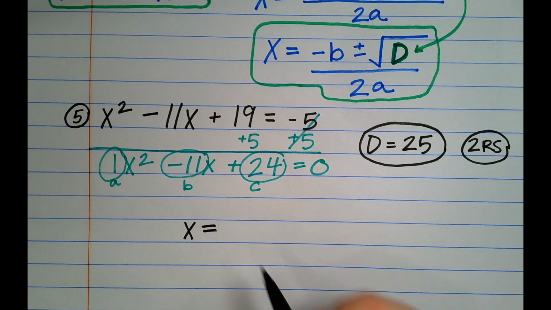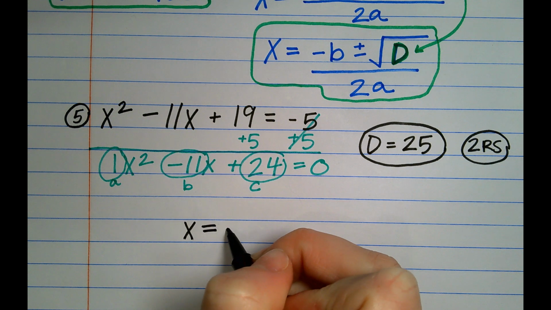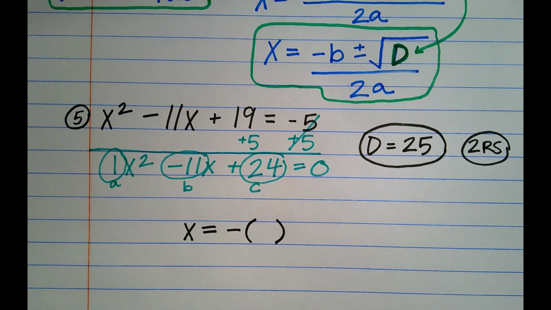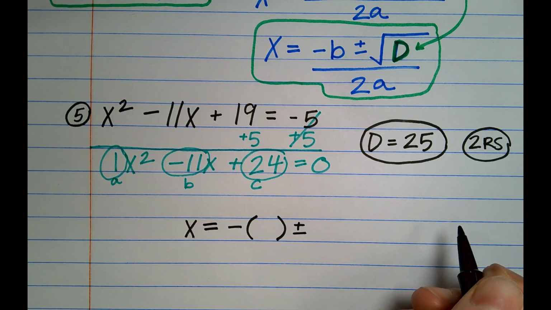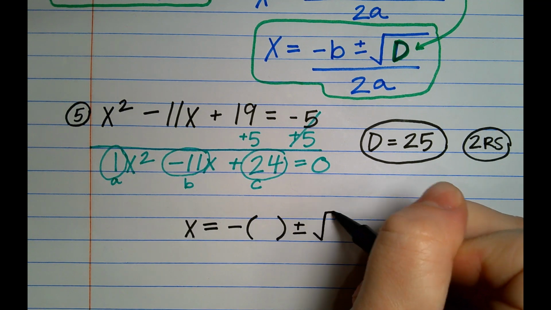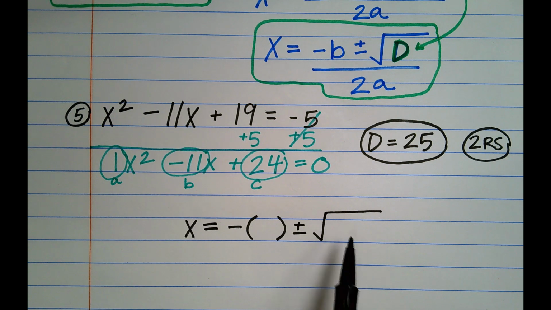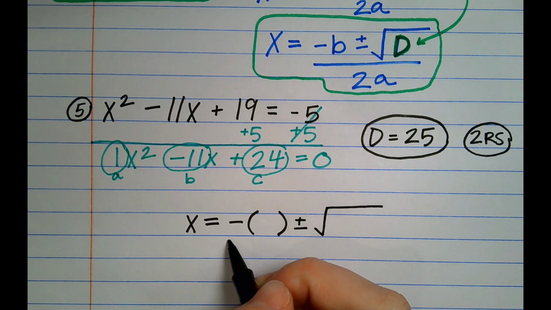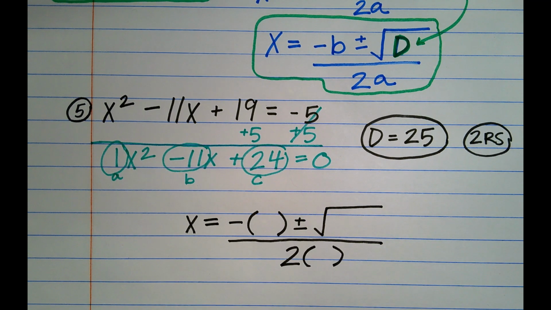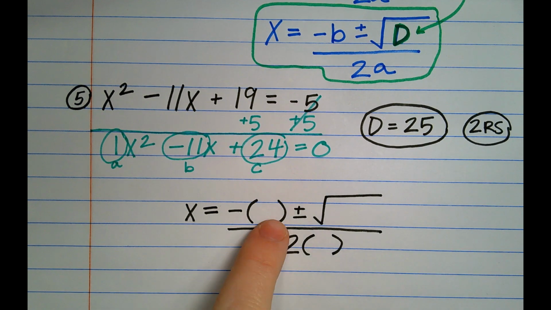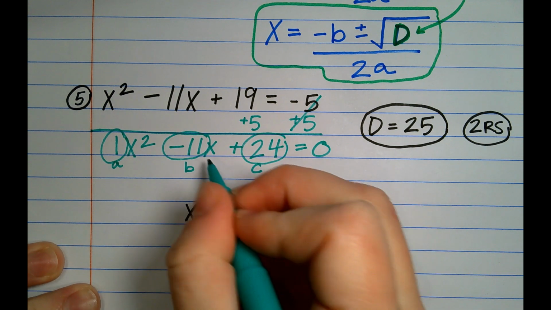X equals negative, and a space for B, plus or minus the square root of the discriminant, and all of that divided by 2 times A. So, what goes in the first blank here? -11. That's our B.